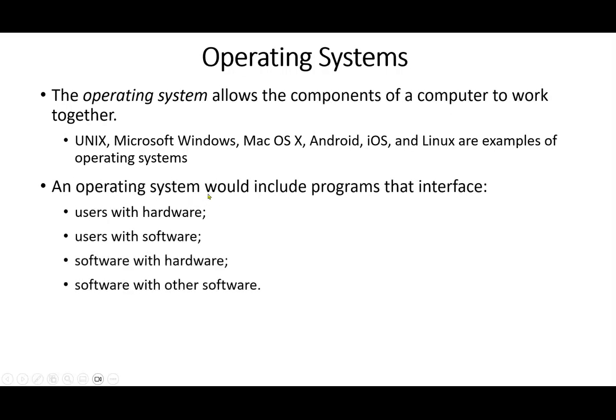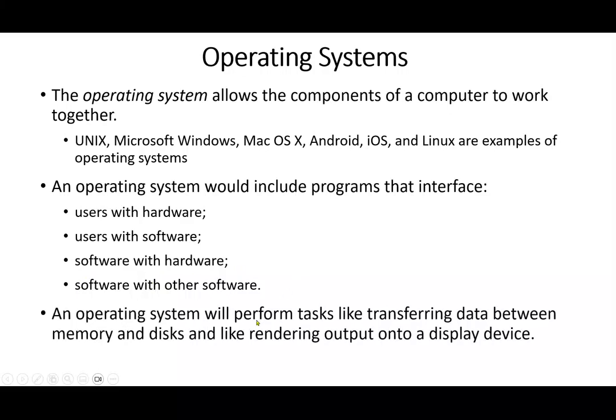Typically, an operating system is going to include programs interfacing users and hardware, users and software, software and hardware, and software with other software. The operating system will do things like transferring data from memory and disks and rendering output to a display device.